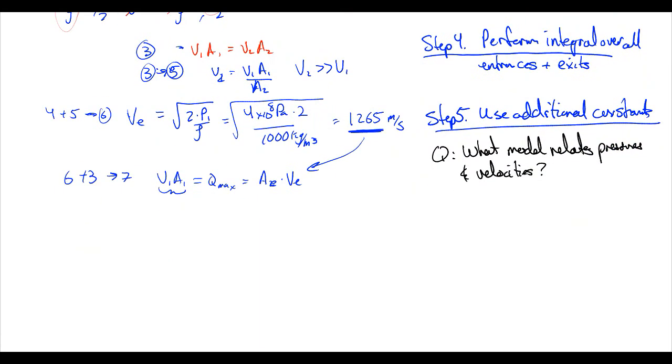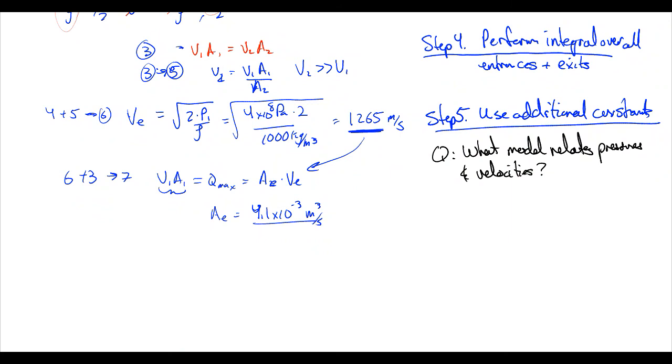So we can plug everything in and we get that A exit is equal to, what did we say was our flow rate? 4.1 times 10 to the negative third meters cubed per second, divided by our velocity, which is 1265 meters per second. And hopefully you're starting to see something here.